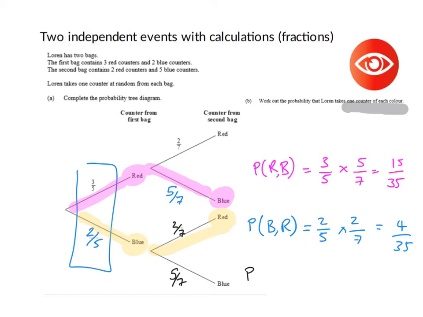So the probability of getting one of each, so a red and a blue, I'm going to do the 15 over 35 plus the 4 over 35, giving me 19 over 35 for my final answer. So there's quite a lot of working out that you've got to do for each question to show the working and to show your understanding. So that's what we're expecting from each question.